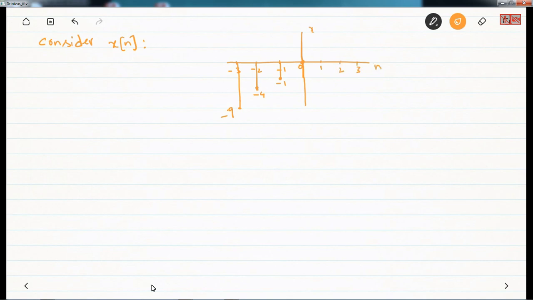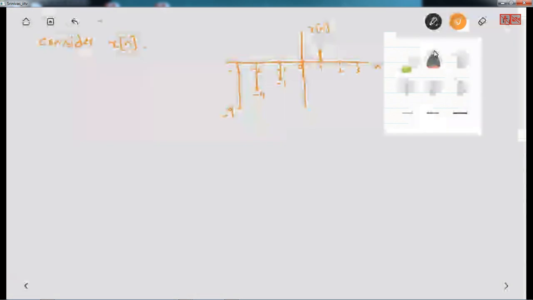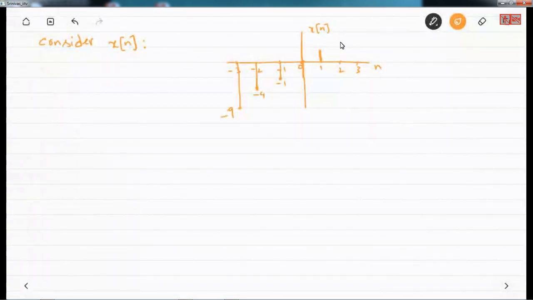So this is n, this is x of n. This is 1, this is 4. This is just one example we are taking. At all other values it is 0. Say this is the x of n.